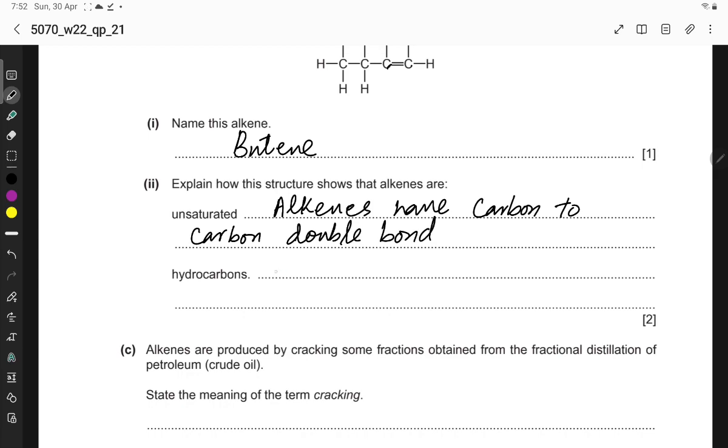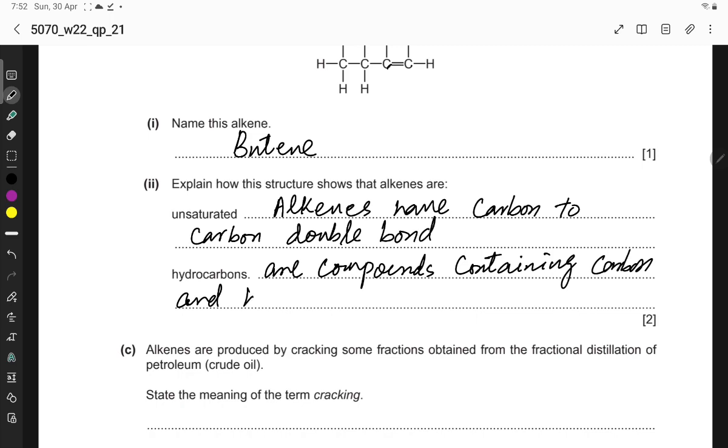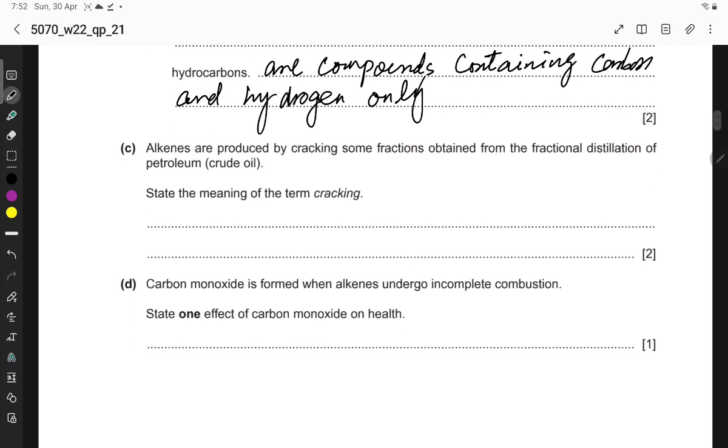Hydrocarbons are compounds containing carbon and hydrogen only. Alkenes are produced by cracking some fractions obtained from the fractional distillation of petroleum. State the meaning of the term cracking.